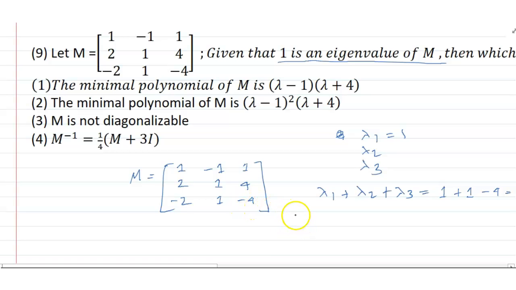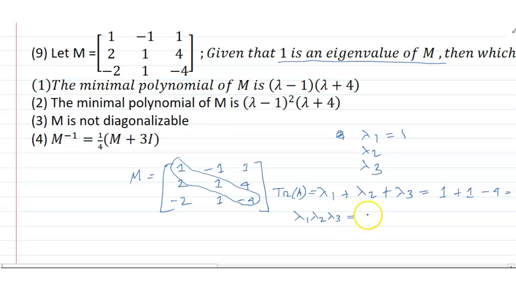So friends, another fact about lambda 1, lambda 2 and lambda 3: the sum of the eigenvalues is equal to the trace of A. This is the property of eigenvalues.